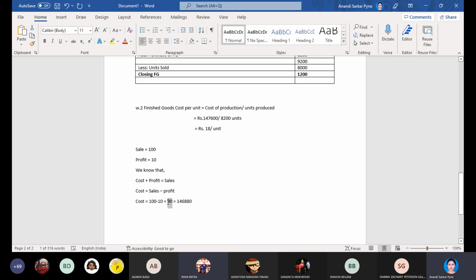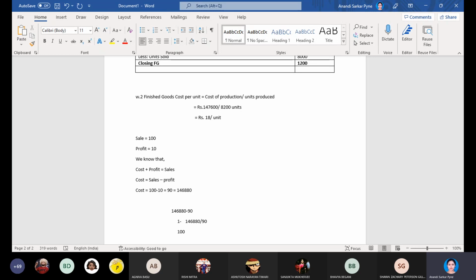So to find out total sales, we can say this: if 1,46,880 is with respect to 90, then for 1 rupee the amount will be 1,46,880 divided by 90. And for 100, that is your sales figure, it is 1,46,880 into 100 divided by 90.